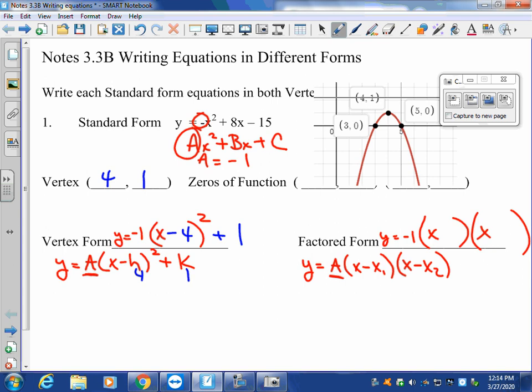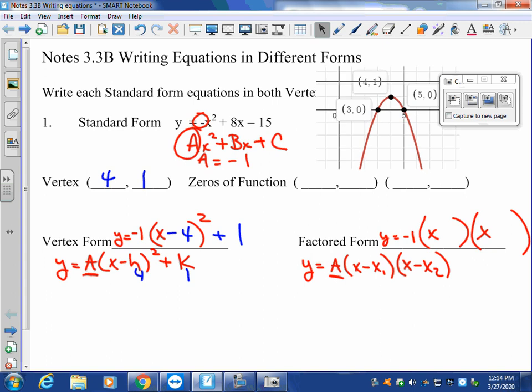Now, if you were putting in a -4 and you had x minus -4, that would turn to a positive. So as you can see, whatever you put in the parentheses, it always looks the opposite of what it really is in the point. And that's true with the factored form as well.